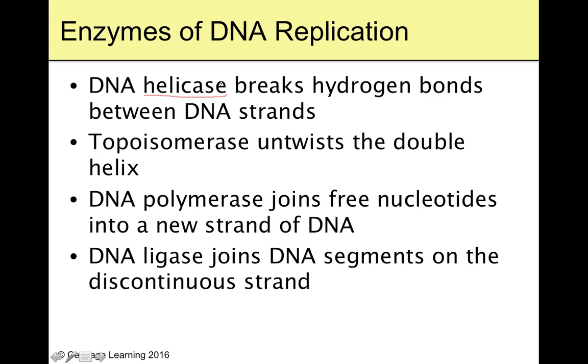So it breaks the bonds, and then along comes another one called topoisomerase. Topoisomerase is going to be the one who untwists that double helix and makes sure it doesn't try to zip back up, so to speak, if you think about it like a zipper, with all the nitrogenous bases being the teeth in that zipper. Topoisomerase ensures that DNA doesn't hook back together after helicase breaks it up.